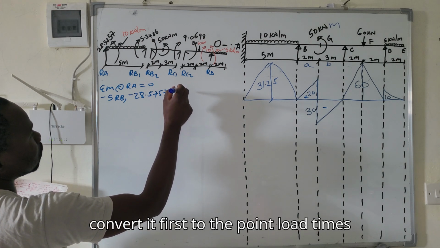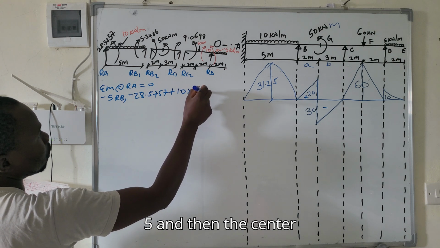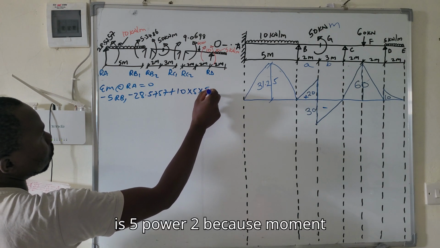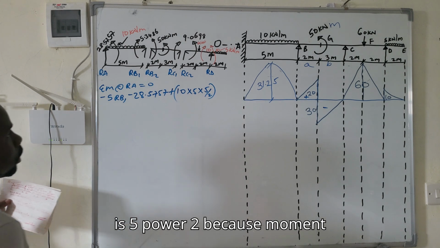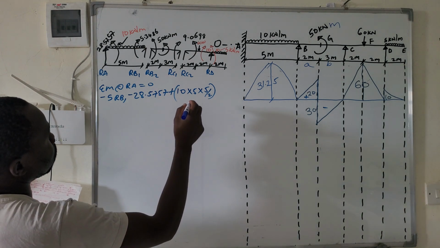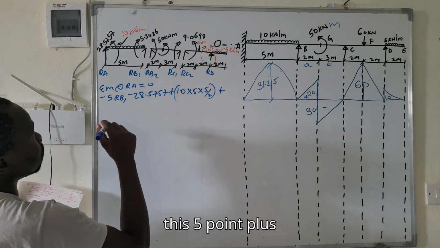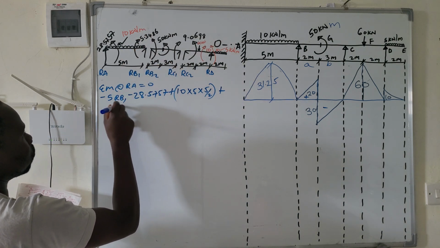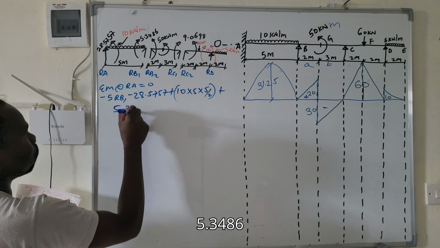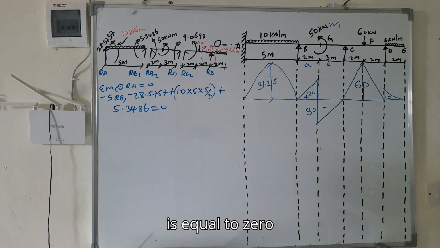You convert it first to a point load times 5, and then the center is 5 over 2, because moment acts at the center of a UDL. So plus this 5.3486 is equal to 0.